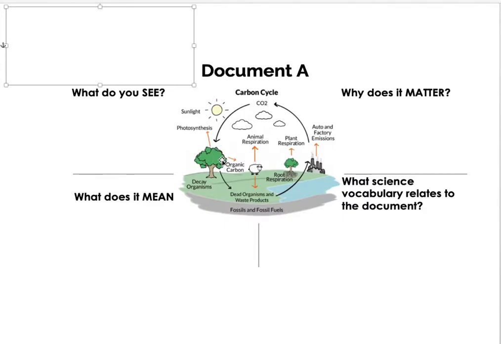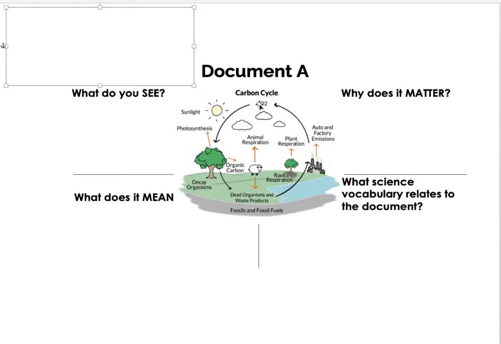And we see photosynthesis happening. We see organic carbon going from trees to animals. We see animal respiration and plant respiration, as well as root respiration. We see auto and factory emissions in this diagram, and we also see fossil fuels as well as decaying organisms.